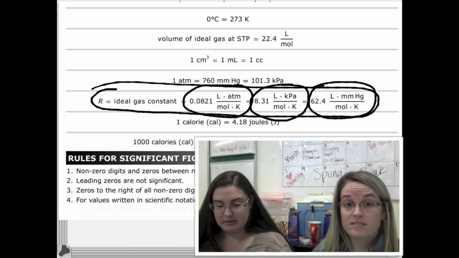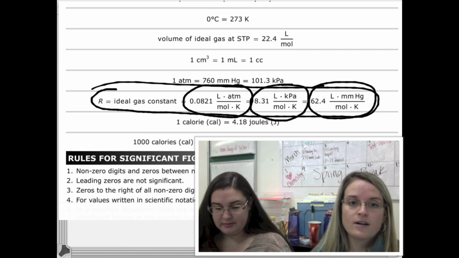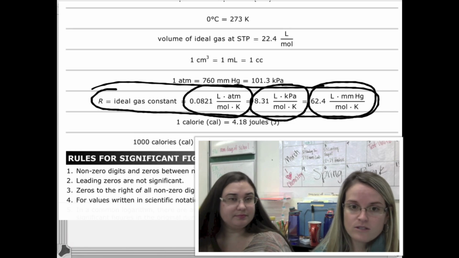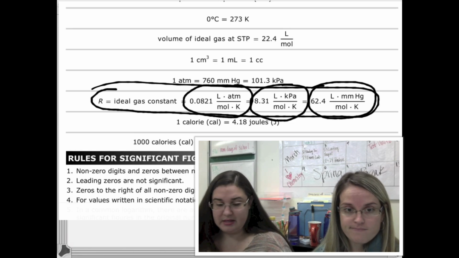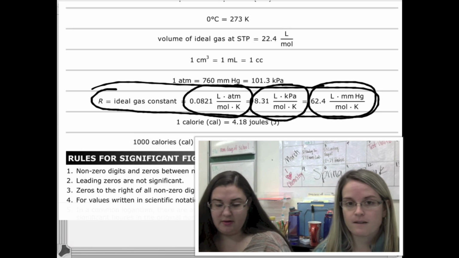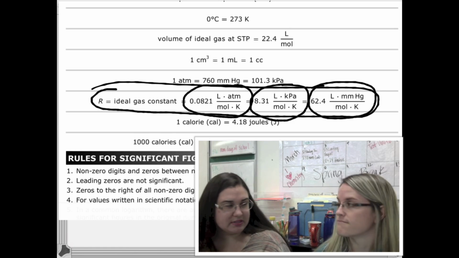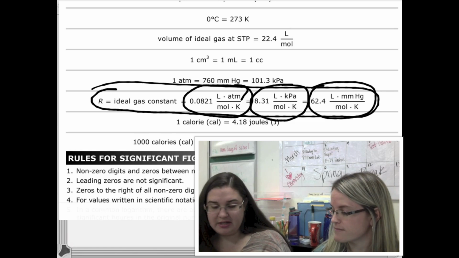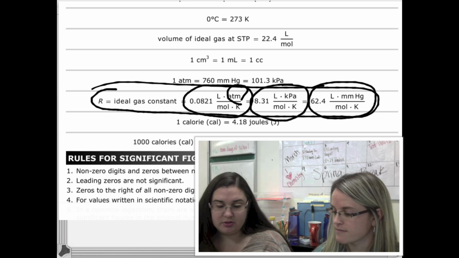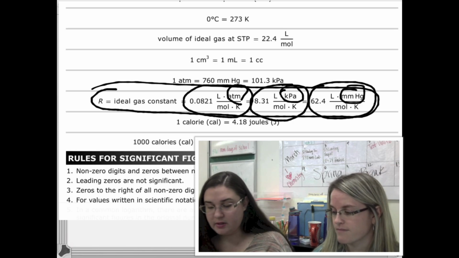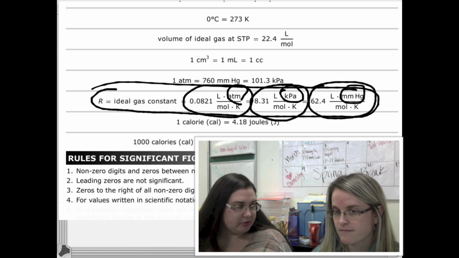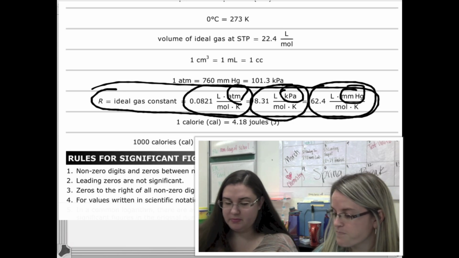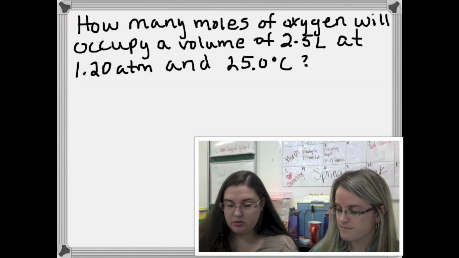We'll have several different values that we can use for our R value. So it's not the whole thing; you have to pick one of the 3 that you're using. If you're using atmospheres, you'd use the first R value. If you're using kPa, kilopascals, you'd use the second one. And this would be for millimeters of mercury, mmHg. It all depends on what you're using.